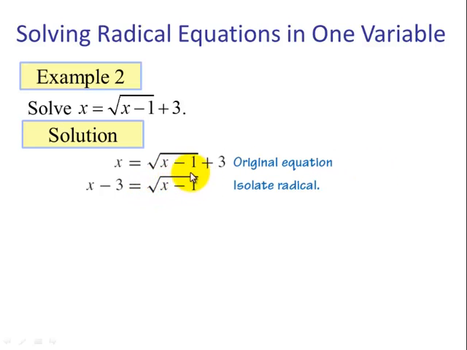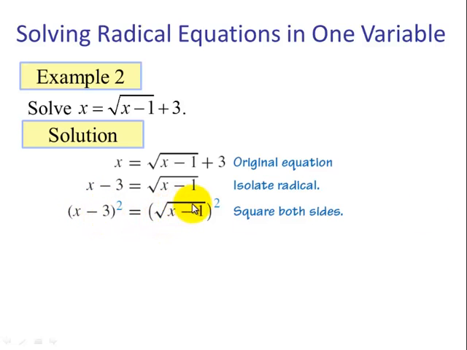Now to undo the square root, I square both sides. x minus 3 squared means x minus 3 times x minus 3. So you'd have to FOIL this out. Or if you recall, we can square the first, double the product, and square the last.